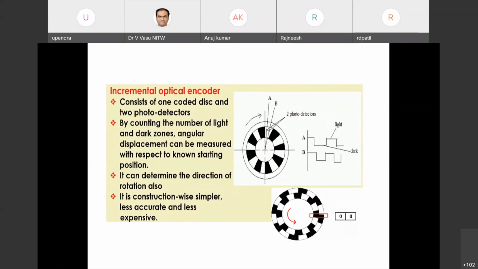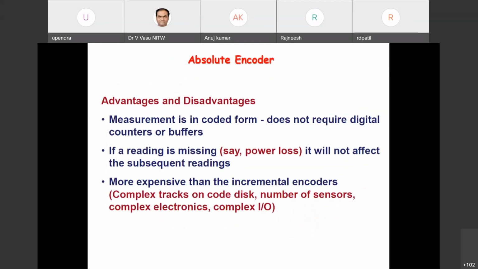Suppose here 0, 1 is the code; if it is rotating, then 1, 0, 1, 1, 0 comes. Depending on that, you can detect whether it is rotating in the clockwise or anti-clockwise direction, and you can measure that as well.